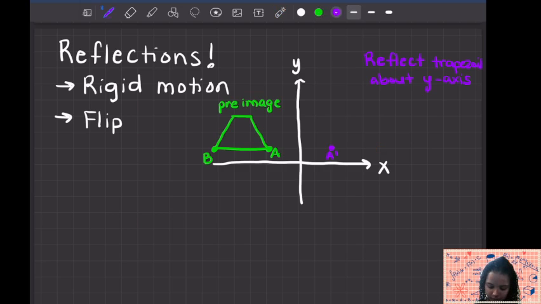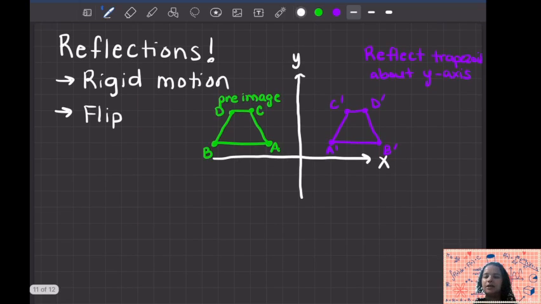And then you do the same thing with C and with D. So C is 3 points away towards the left. So now we're going to go 3 points away towards the right. So here's C, and D is just 1 more away than C is, so it's over here. So now that trapezoid has been reflected about the y-axis or over the y-axis, okay?